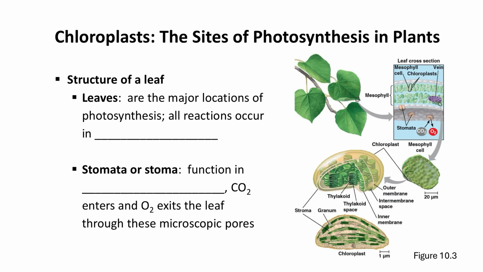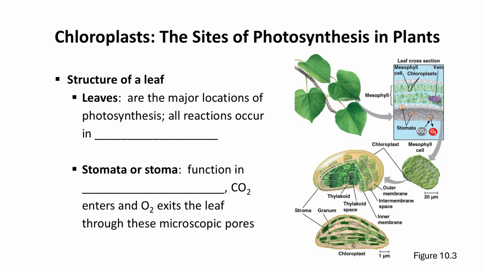Before we take a closer look at the process of photosynthesis itself, let's take a look at the structure of a plant and understand where photosynthesis is taking place. The leaves are going to be the major locations of photosynthesis. Specifically, if we look into the leaf, we will find this area of tissue in the inside of the leaf referred to as the mesophyll.